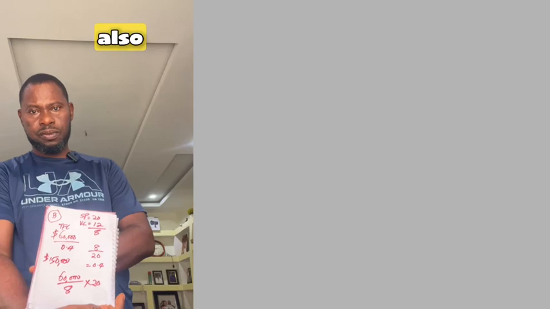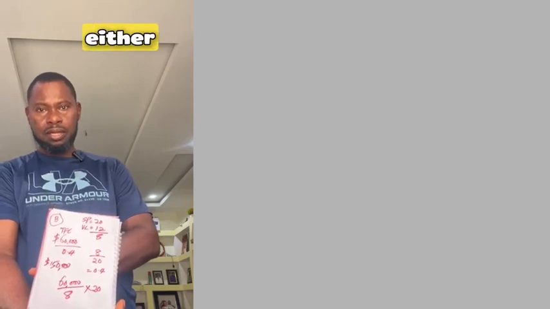You could get the break-even point in units and multiply it by the selling price. You're also correct. So we'll say 60,000 divided by 8 multiplied by selling price of 20. If you do that, you'll also be correct. You can get it this way also.